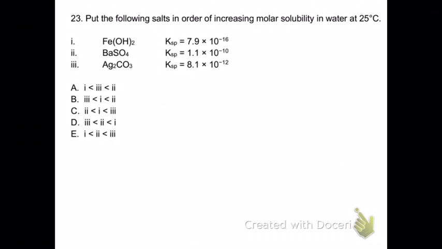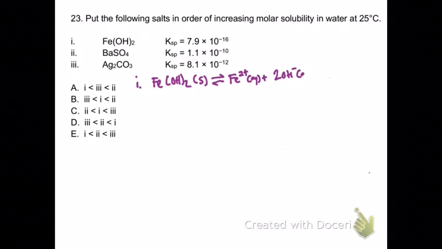For the first one, now we're given a Ksp, and remember, Ksp reactions are breaking a salt apart. So let's consider what the reaction would be for iron hydroxide. We have Fe(OH)2, solid. It'll dissociate into iron 2 plus and 2 hydroxides.